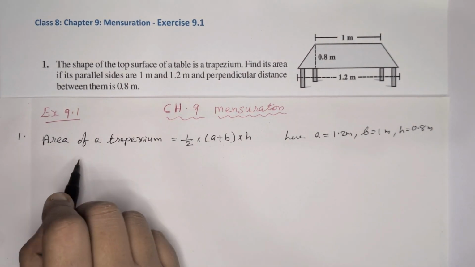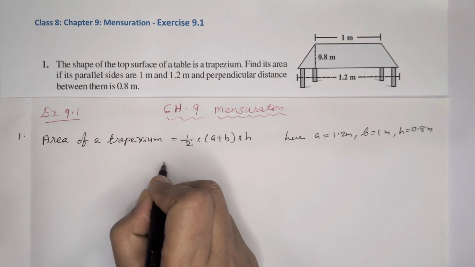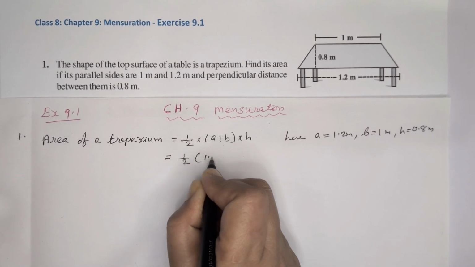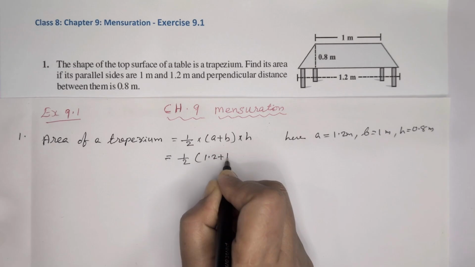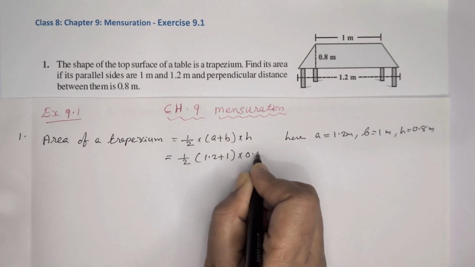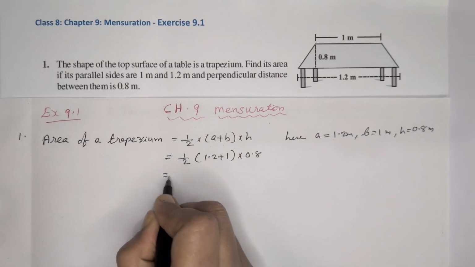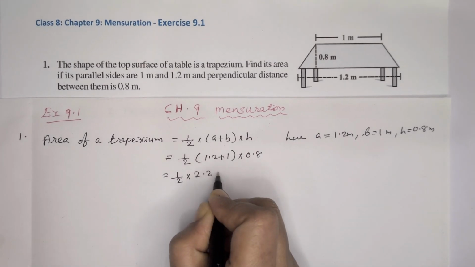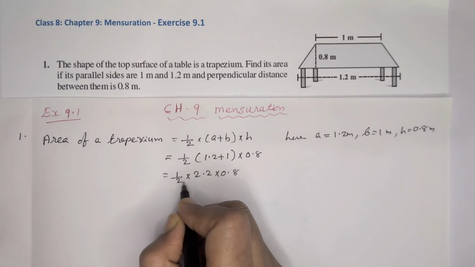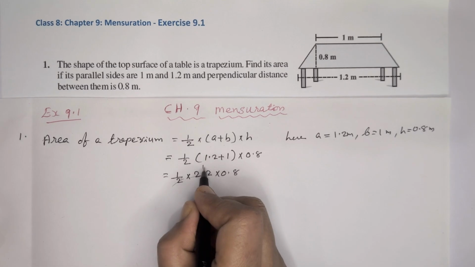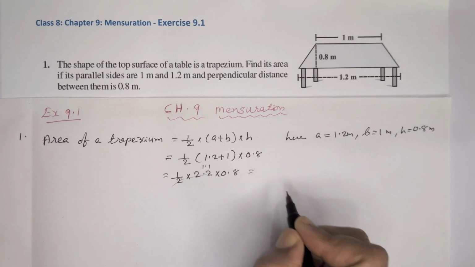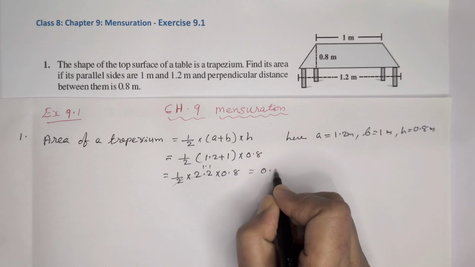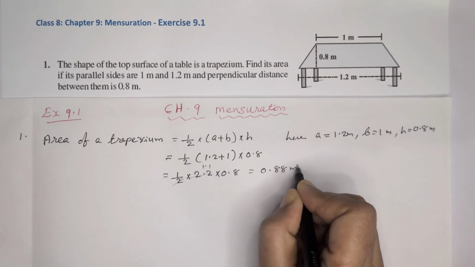Therefore, the area of the tabletop is equal to half into (1.2 plus 1) into 0.8, which is equal to half into 2.2 into 0.8. We can divide by 2. Here it will come 1.1, and 1.1 into 0.8 is equal to 0.88 meter square.